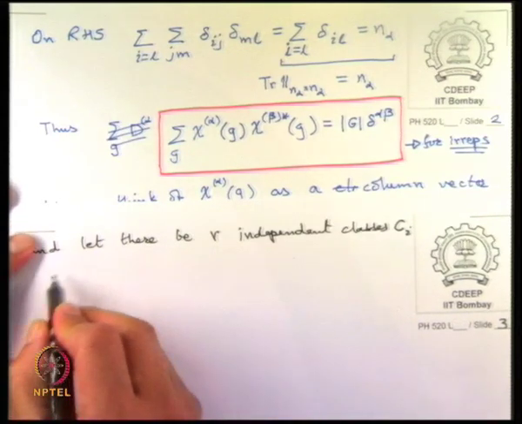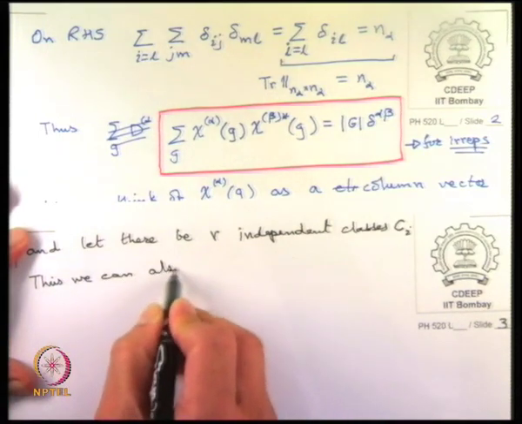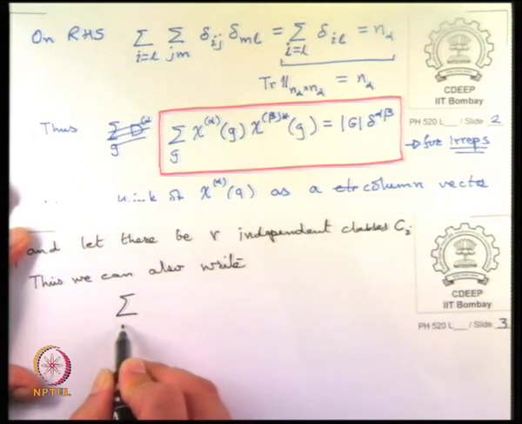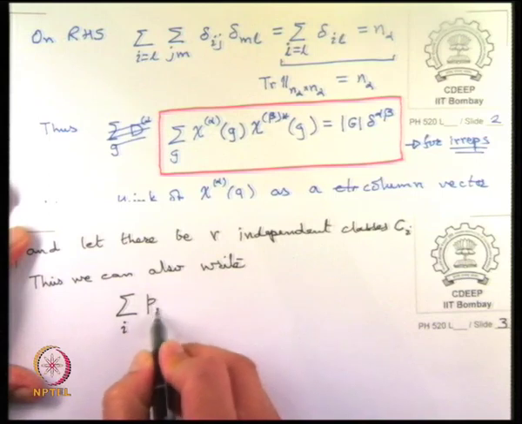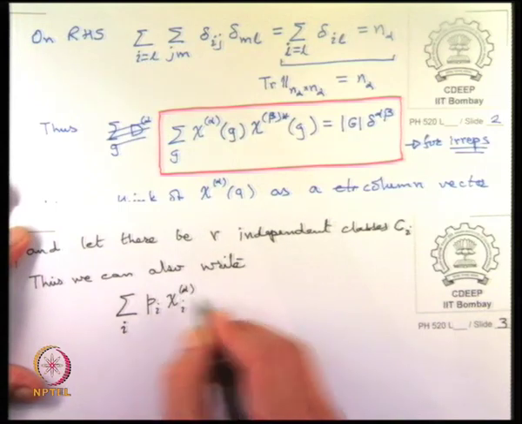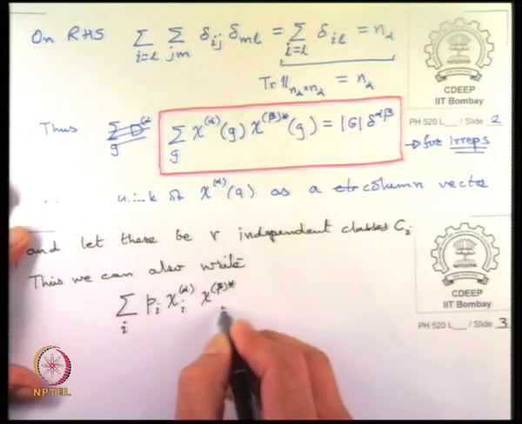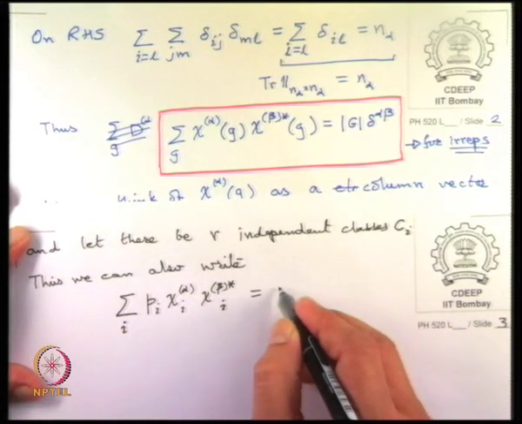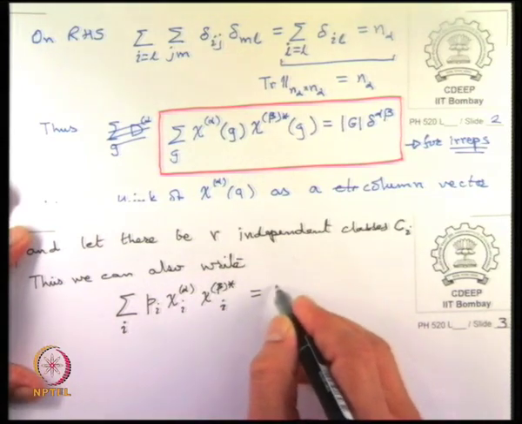So we can also write: sum over the conjugacy classes I, Pi chi I alpha, chi beta star I, equal to modulus G times delta alpha beta.